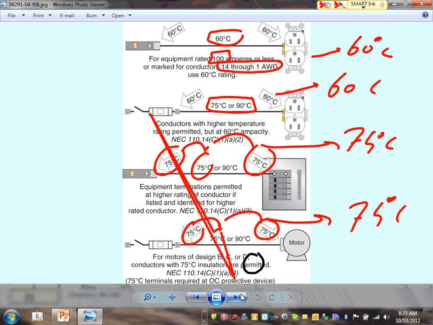Do you guys remember these rules that we did? Yes, sir. So the third one, 75, is above 100 amps or more than number 1, unless you know otherwise. That's the default from 110.14, unless you know otherwise.